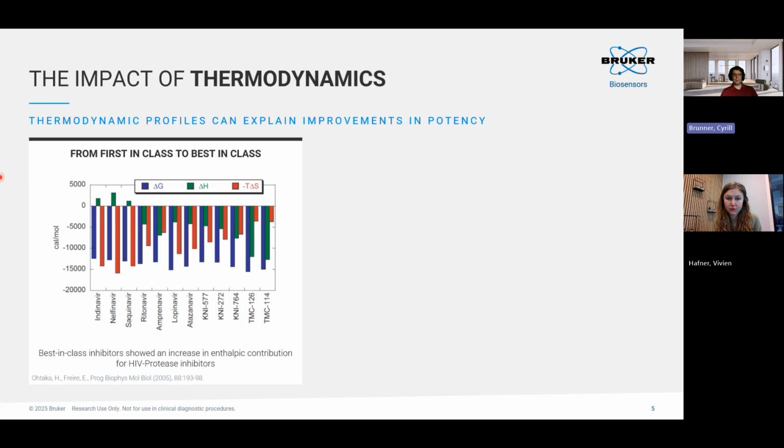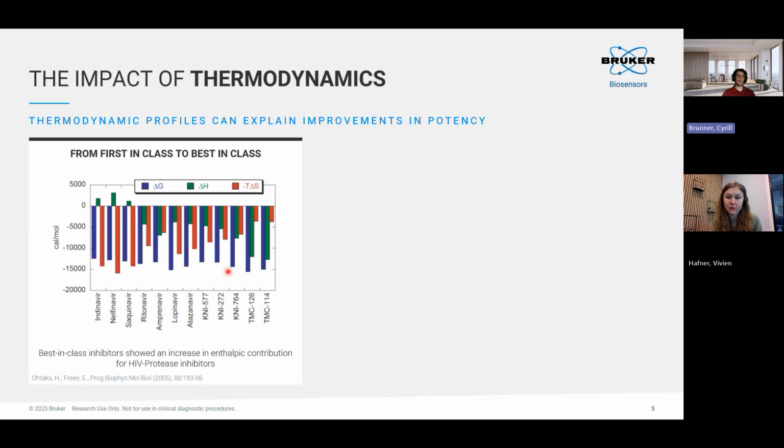It's about potency. This is an analysis from Freire et al. on HIV protease inhibitors developed in the late 80s and in the 90s, where they showed that the first-in-class compound, indinavir, in comparison to the best-in-class compounds, which are the four towards the left, at the right-hand side, have a completely different thermodynamic profile.